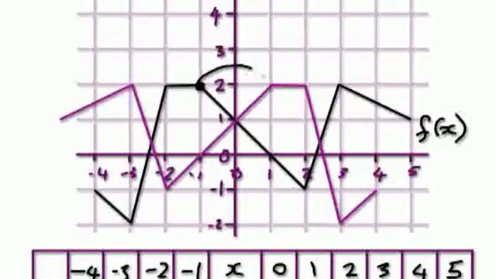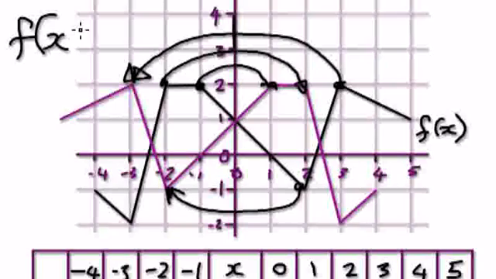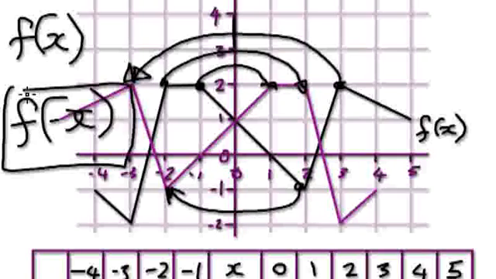This one gets moved to here, this one gets moved to here, and this one gets moved to over here, and so on, because what's happening is it's a reflection. So when you have any function f of x, and you want to draw f of negative x, it's really a reflection along the y-axis.